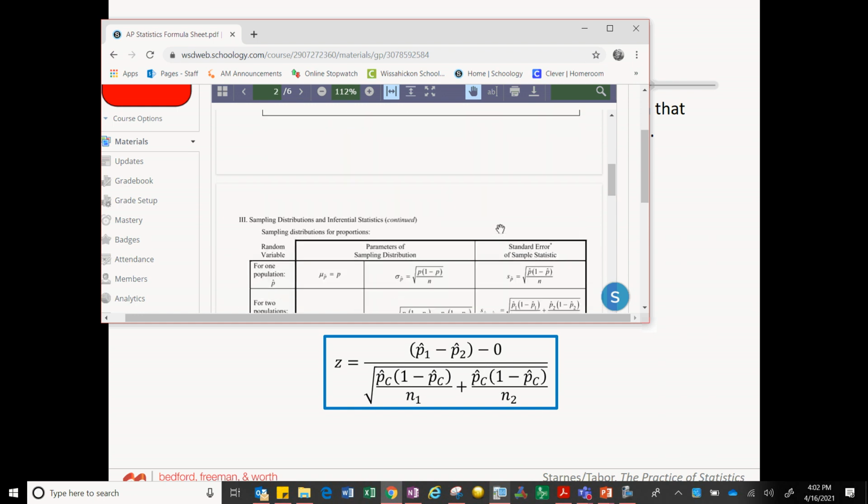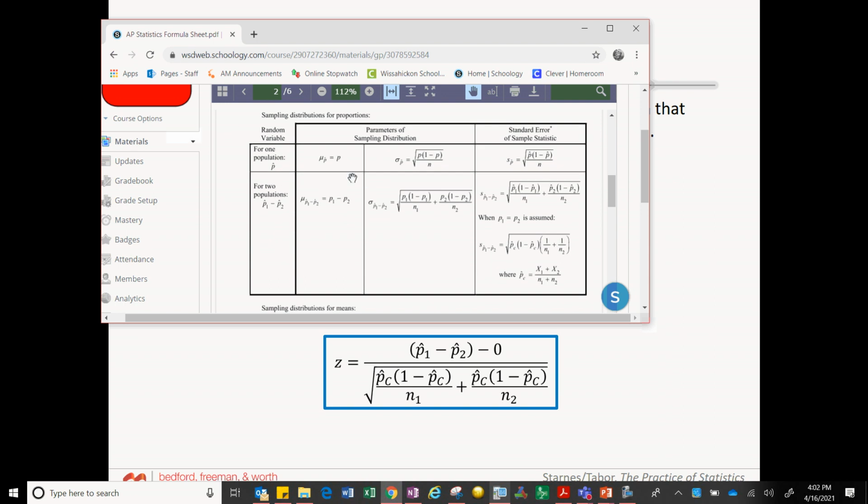Scroll down. We're talking about proportions, so I'm looking at this table, proportions. I go all the way over to the right side, standard error. And this is two proportions, so I'm down here. You can think of this one of two ways.